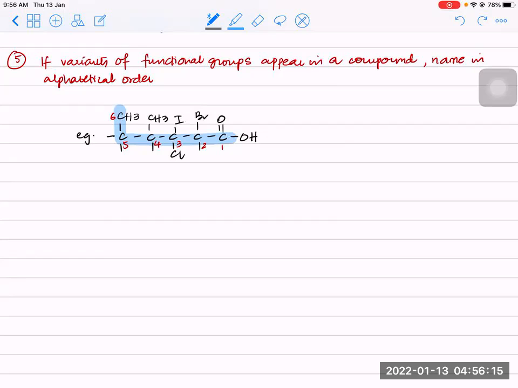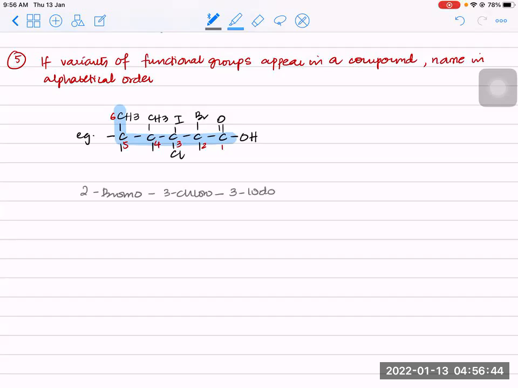Now, if you have variants of a functional group in a compound, you name them in alphabetical order. So you have bromo, chloro, and iodo. Which one comes first alphabetically? Bromo. So you will call this 2-bromo. Then what do we have? 3-chloro, 3-iodo.